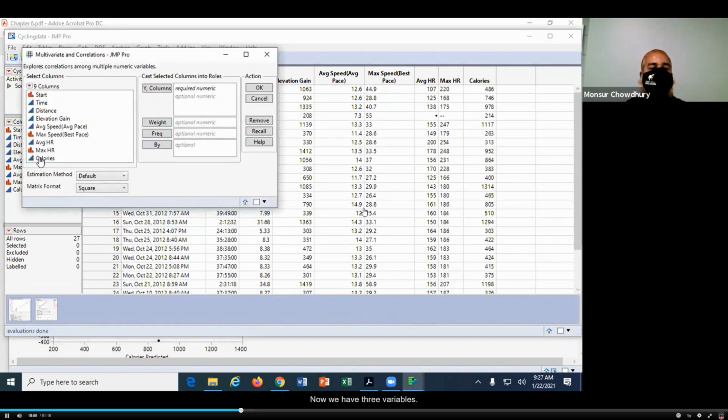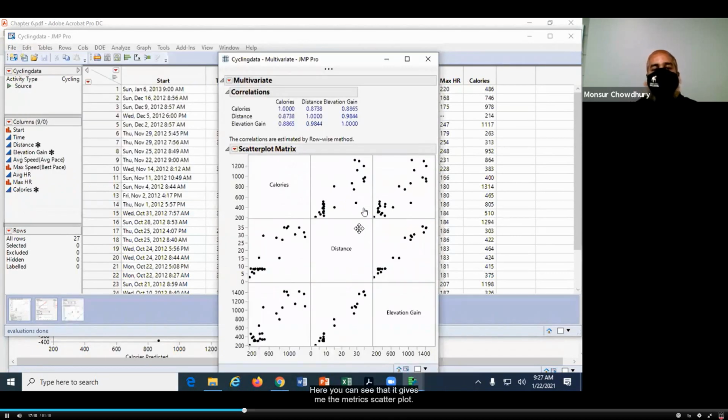Now we have three variables: one is calories, another one distance, and another one is gain. So this will give me a matrix scatter plot. Here you can see that it plots each variable against the predictors as well as X versus X. So we get all the plots, and this is what we needed at the very beginning.